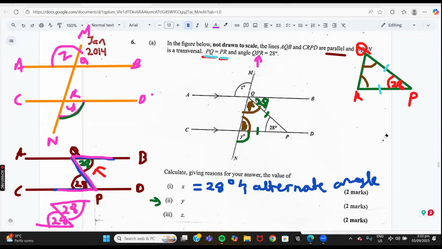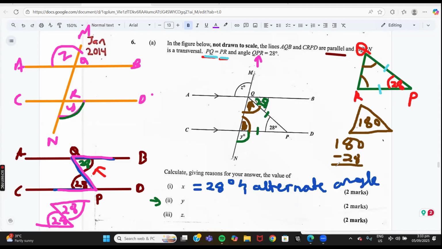Since we do not know the size of either of the two equal angles, there's a couple things we need to do. The first thing we need to know is that in any triangle, it doesn't matter whether the triangle has equal sides or non-equal sides, all three angles in a triangle must add up to 180 degrees. After that, the next thing we need to do is take the given angle and take it away from 180 to find the sum of the two remaining angles.